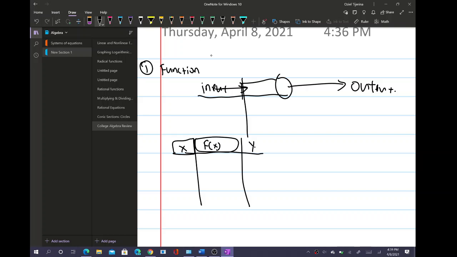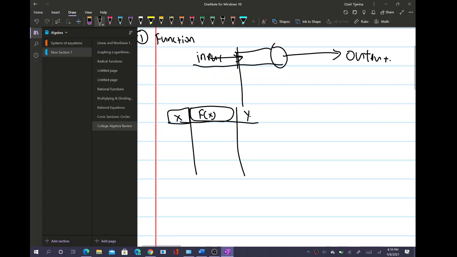Now, f of x and y are the same thing, but what I mean by f of x, it's mostly an equation, and this is a coordinate, like the y value. It's a value. It's not really an equation, it's a value. This is the equation, and this is the input, right?